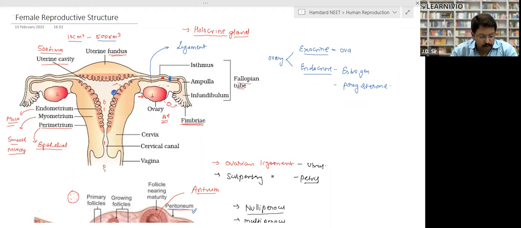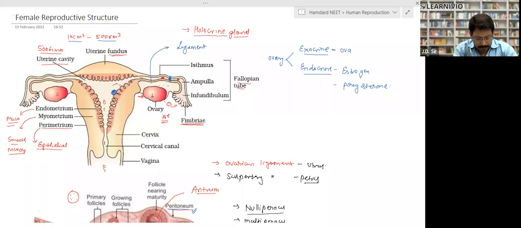Next subheading is uterus. Uterus is also known as womb. Full stop.